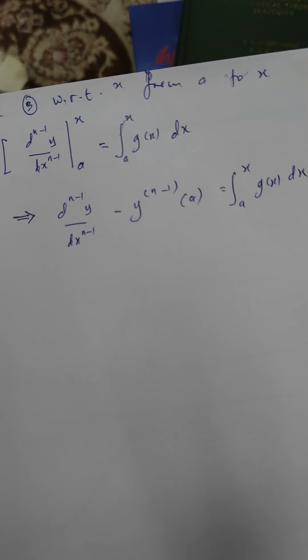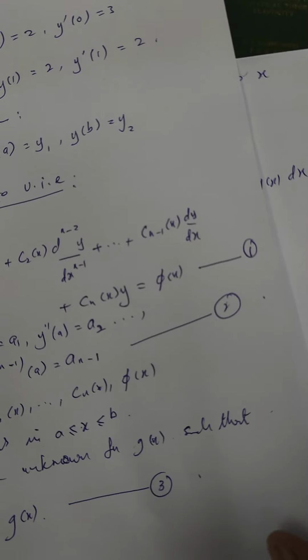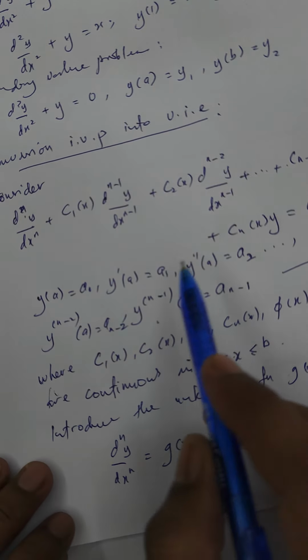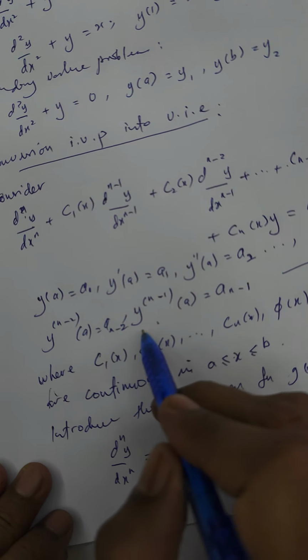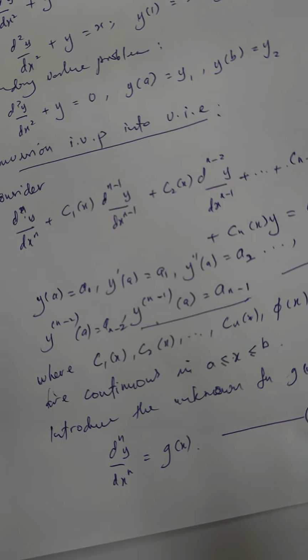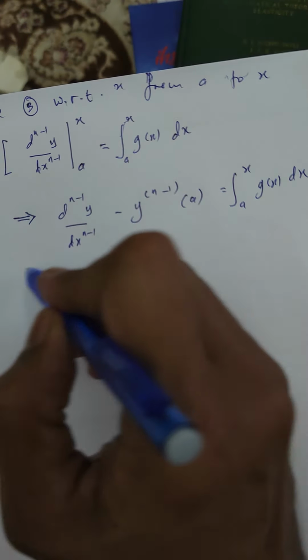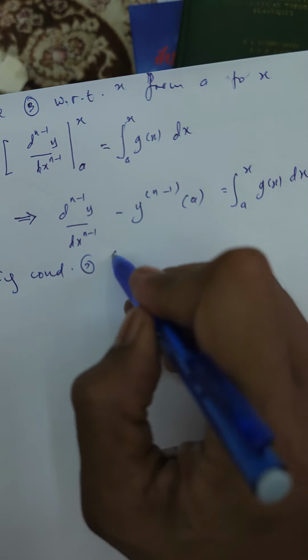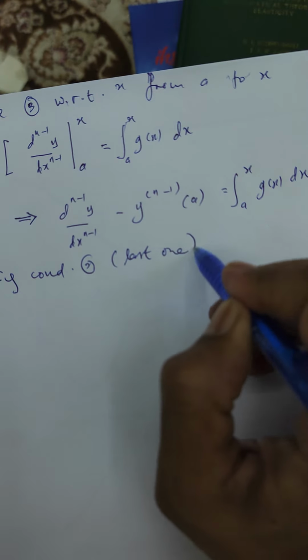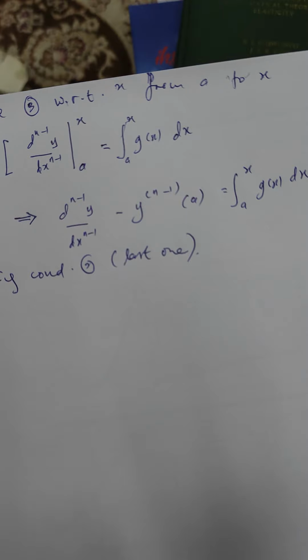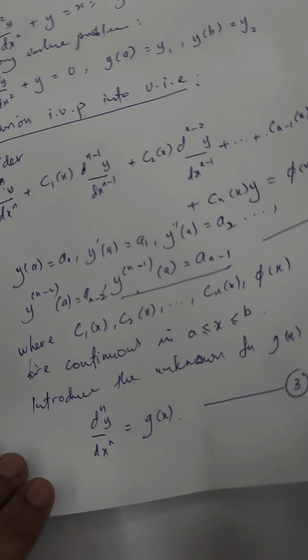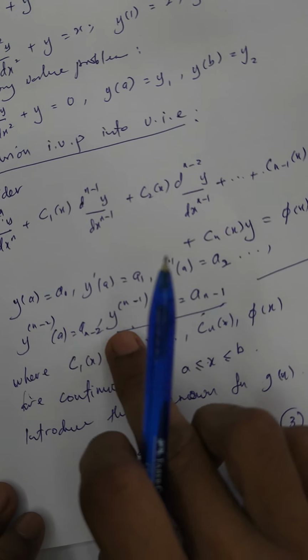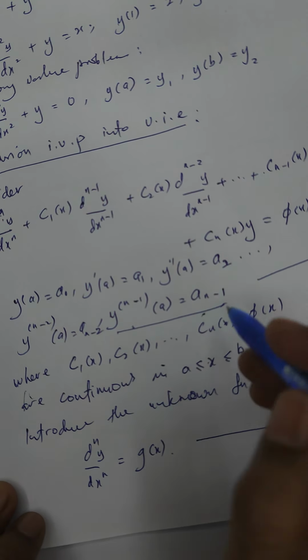Then we use condition number 2, the last one: y^(n-1)(a) equal to a_(n-1).